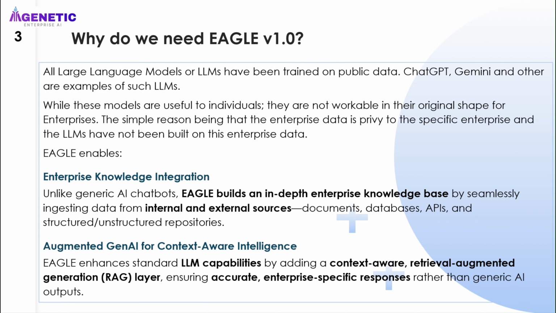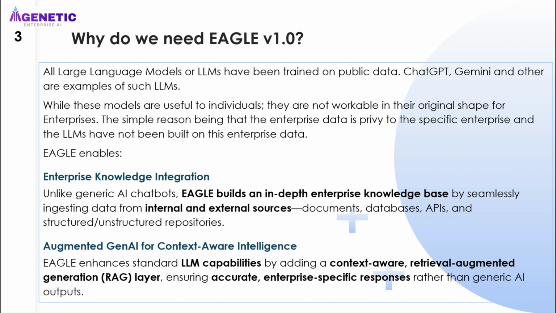Let's dig deeper into it. Why do we need Eagle in the first place? We are all aware of ChatGPT. We all know about Gemini, and they have made our life much better. We are able to converse with them as with any other human being and get information, insights, and much more intelligent responses in a conversational mode.